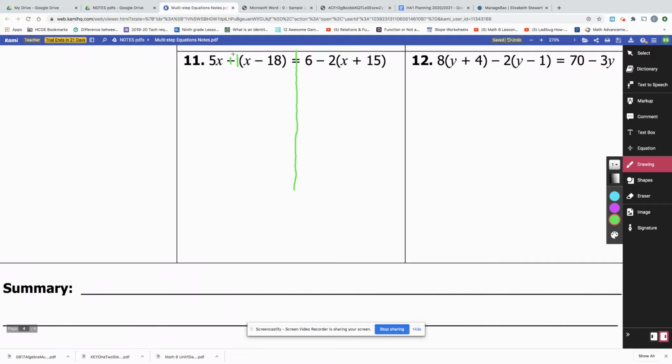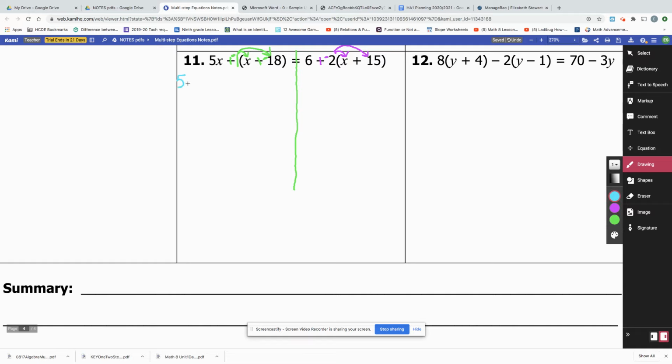That subtraction means that I'm adding a negative 1, which I'm going to have to distribute to the x and the 18, or the negative 18 on the other side of the equation, plus a negative 2 times the x, and that negative 2 times positive 15.